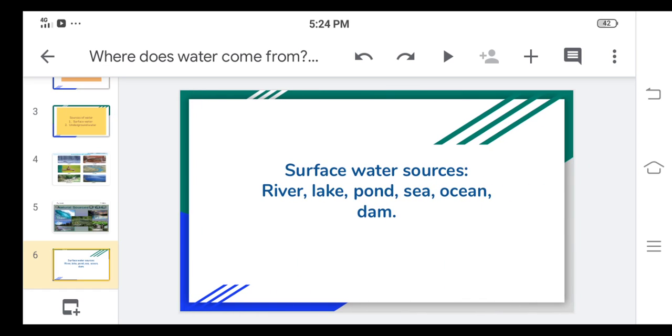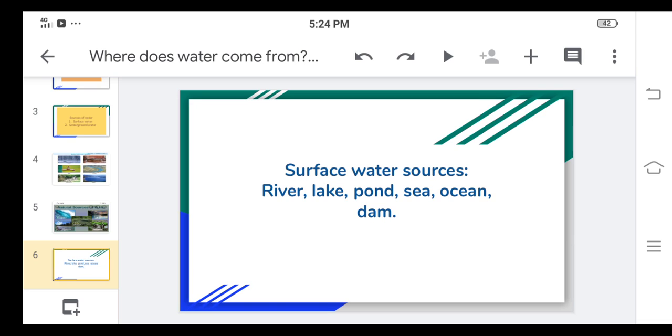Now as we have seen the two types, surface water and underground water, let us see them one by one. First is surface water. As I told you, surface water means the water which is present on the surface of the earth. Which are the examples of this?